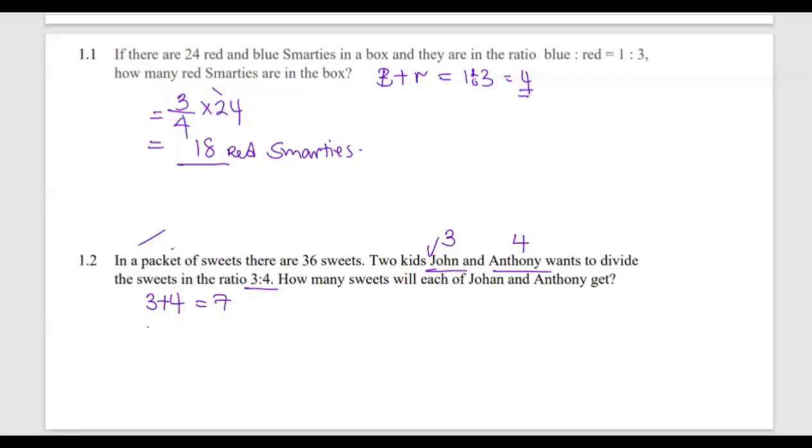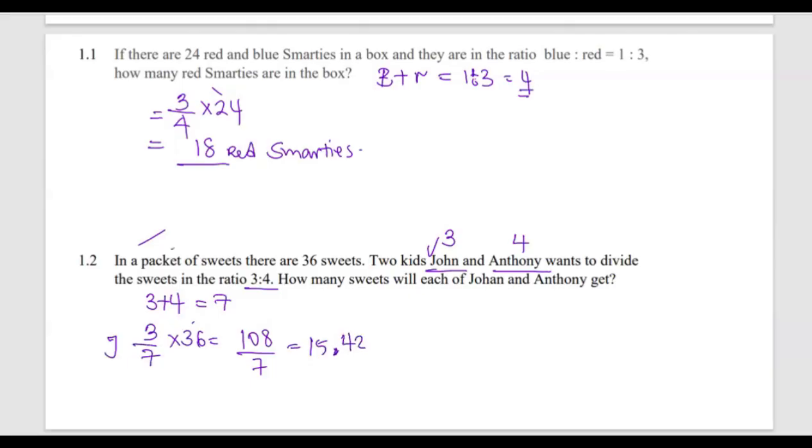So we shall say out of 7, John has to get 3. So it will become 108 divided by 7, whereby we have 15.42.